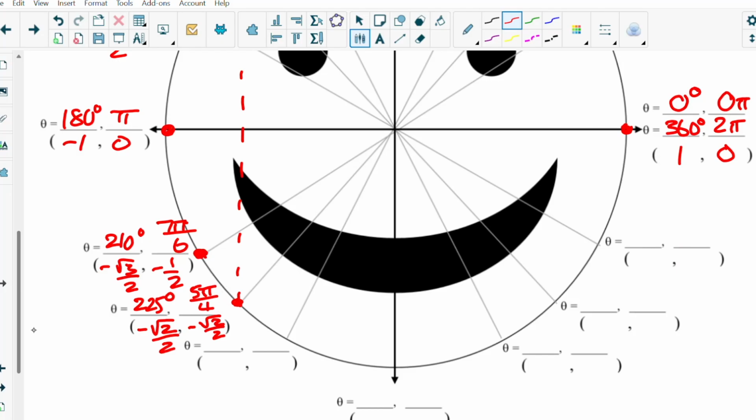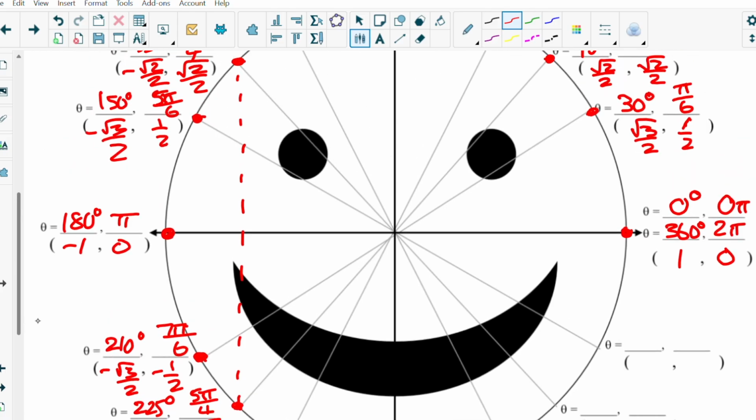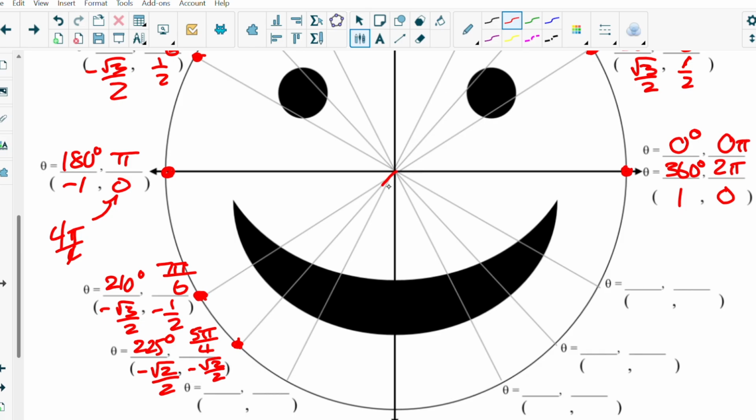How do I know it's 5 pi over 4? Well, use that half rotation of the circle, the pi value, as your reference. This is also known as 4 pi over 4. If I go halfway through the quadrantal angle here, this is 45 degrees, that's pi over 4.